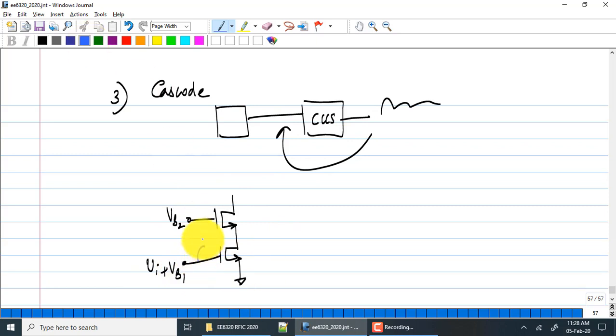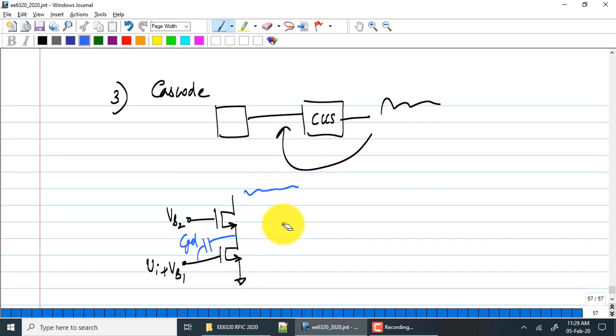So even if you have CGD here, anything happening at the output will not affect CGD, because by definition this circuit has a very high output impedance. Even if something happens at the output, very little incremental current will flow through the circuit, so very little incremental voltage should be generated here.